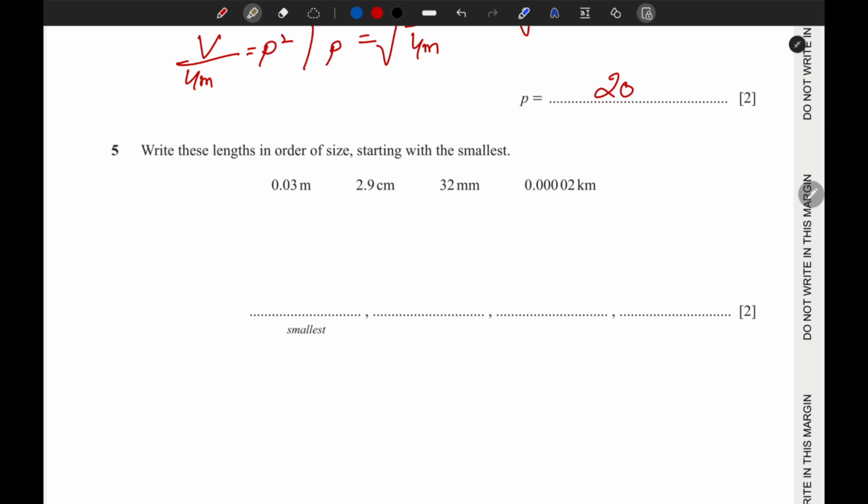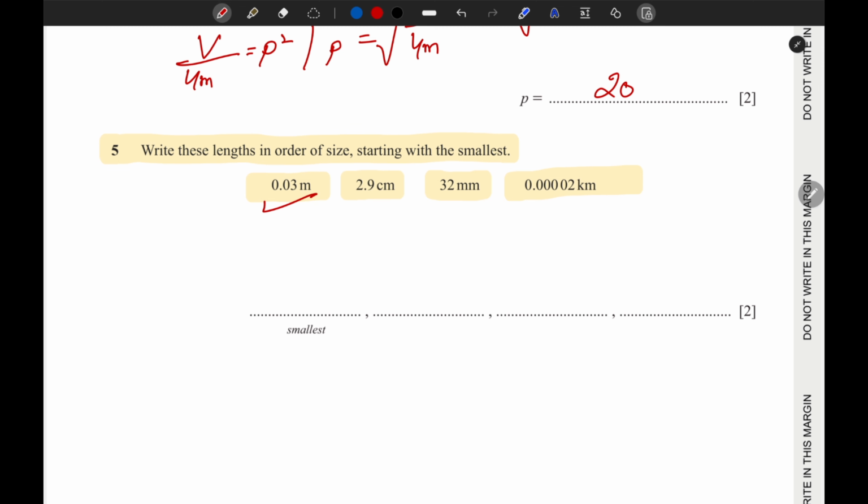Now the fifth one states: write these lengths in order of their size, starting with the smallest. They are given in different units. This is 0.03 meter, this one is 2.9 centimeter, this is 32 millimeter, and this one is 0.00002 kilometer. So we are converting all of these to meters.